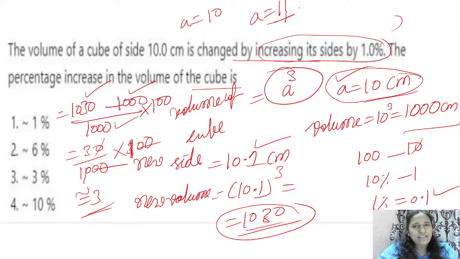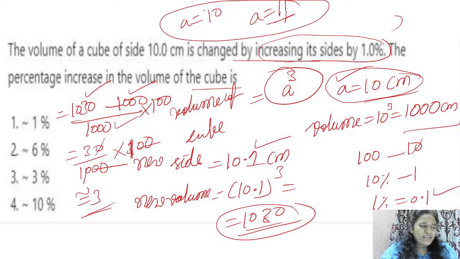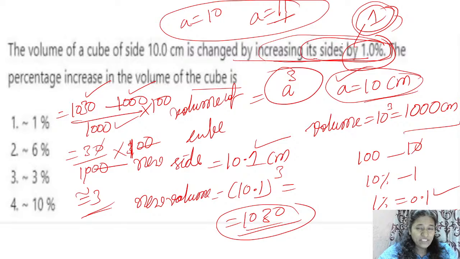We came up with a wrong answer because here he is saying increased by 1%, not 1 centimeter. If it were given as 1 centimeter, then the new side would become 11. But here in the question it is given just 1%.